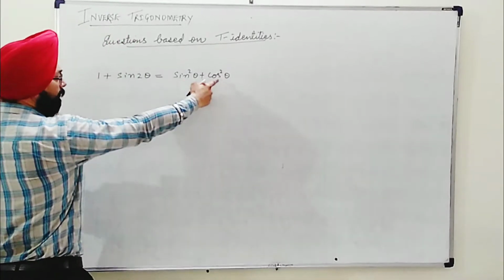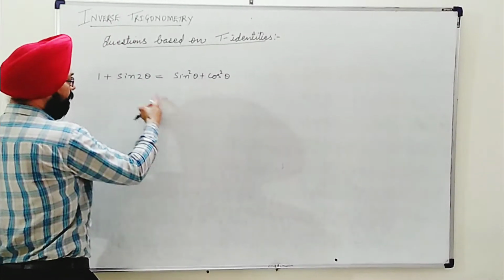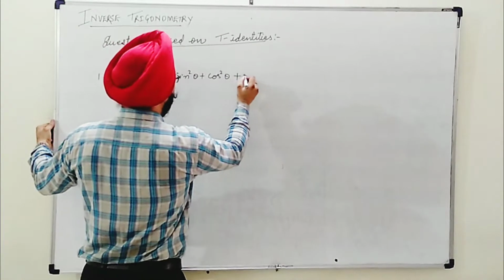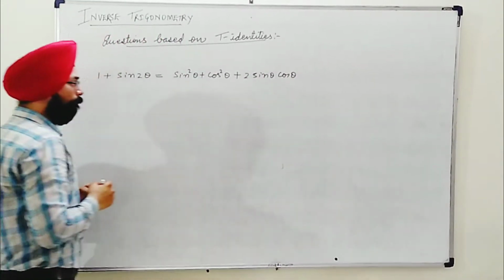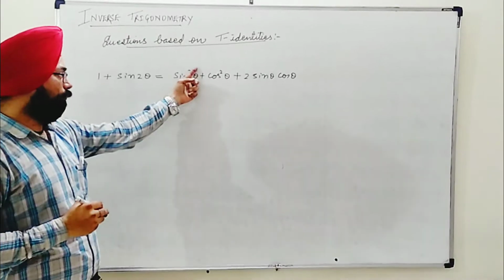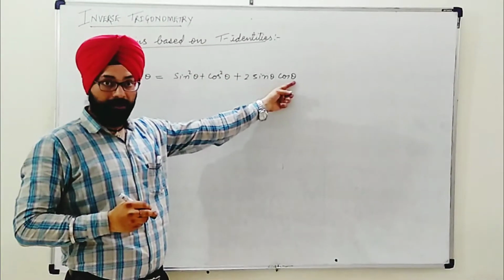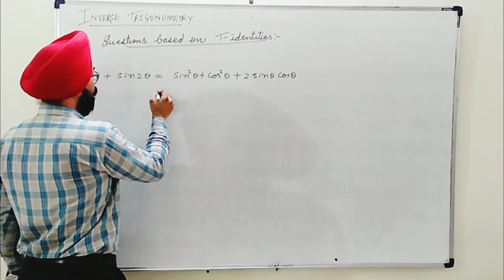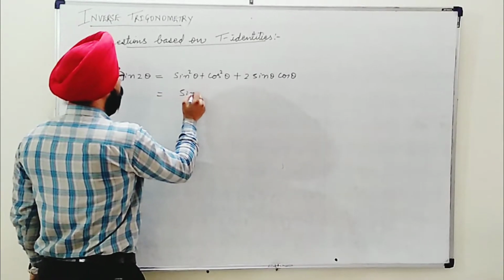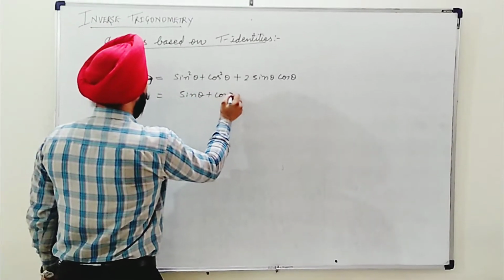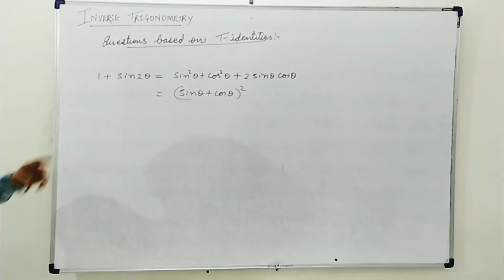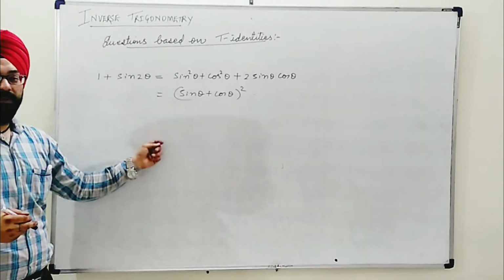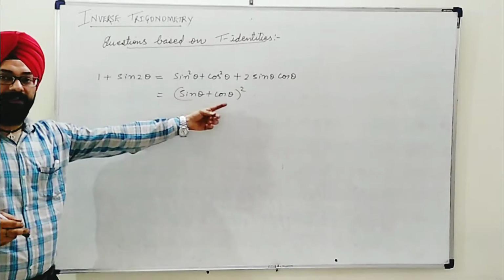So this 1 can be replaced by this identity, and sine 2 theta can be written as 2 sine theta cos theta. That's why it looks like a square, b square and 2ab. So we can write this as sine theta plus cos theta whole square.